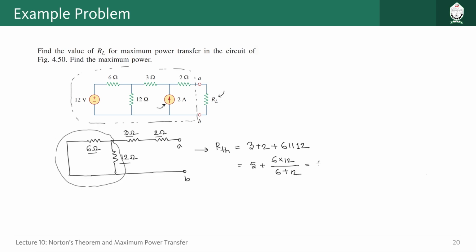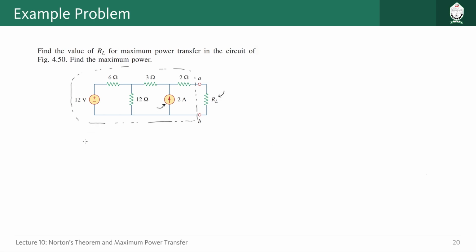which is equal to 5 plus 72 divided by, here it is 18. So 5 plus 4, 9 ohm is the equivalent resistance. So we have found out the value of RTH is equal to 9 ohm.